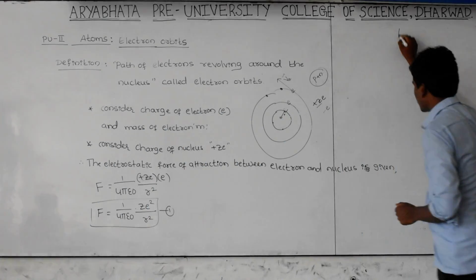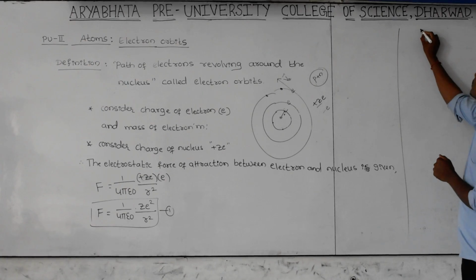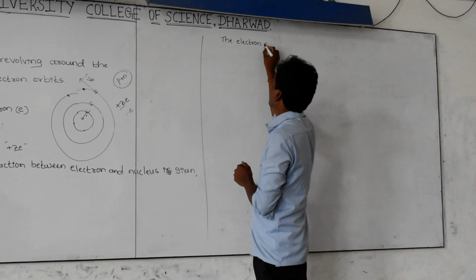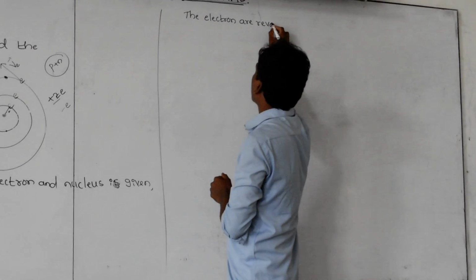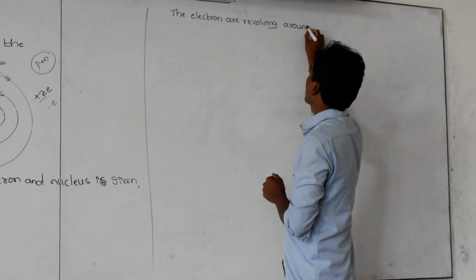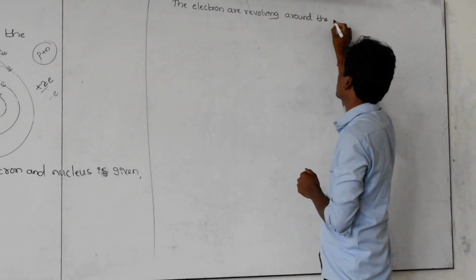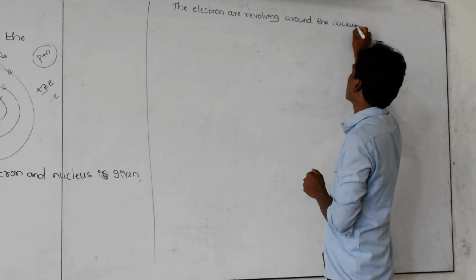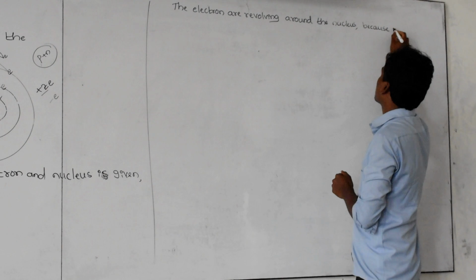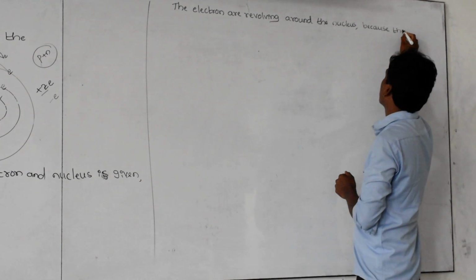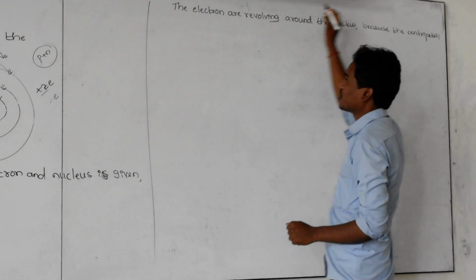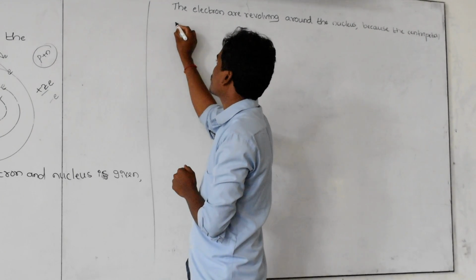And next, the electrons are revolving around the nucleus because of the centripetal force.